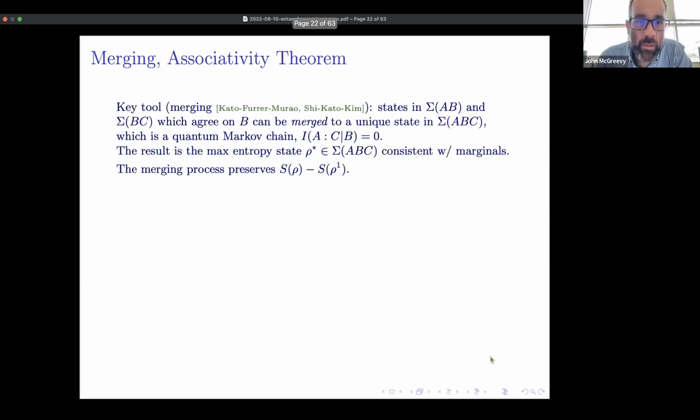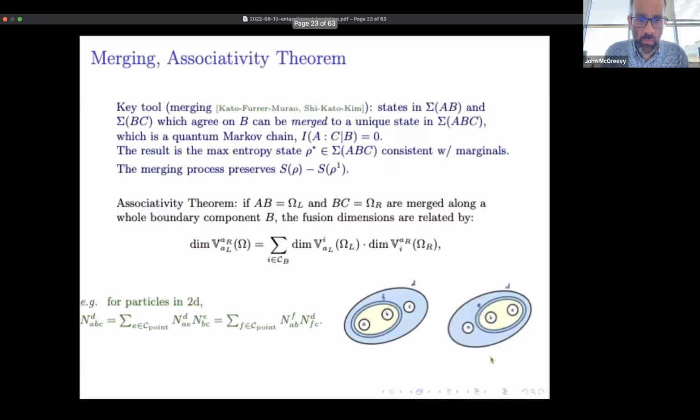I think I have two more tools that I want to talk about before I get to the story about making closed manifolds. Or maybe just this one. The key extra ingredient is called merging, which is the following statement.